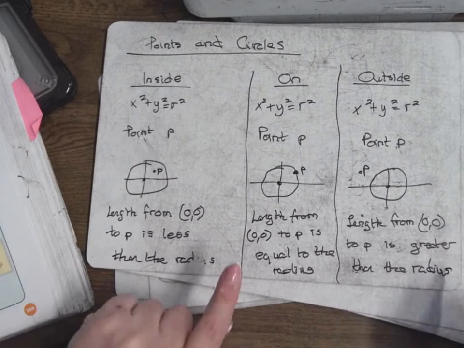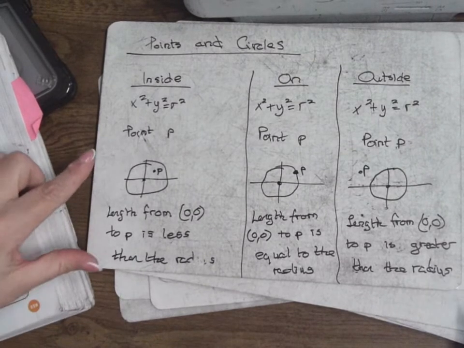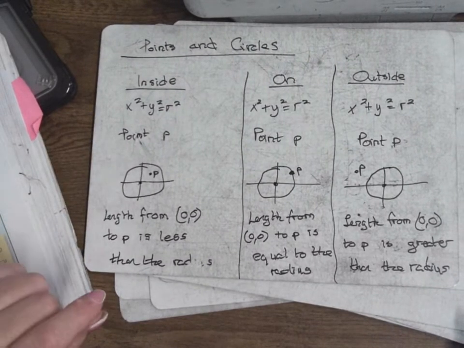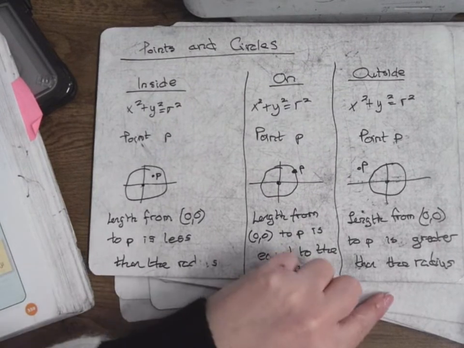So I'm going to do a couple of examples the long way, and then I'm going to show you the short way, because the short way is very handy. But I want you to understand what you're doing. That's why we're doing it the long way.